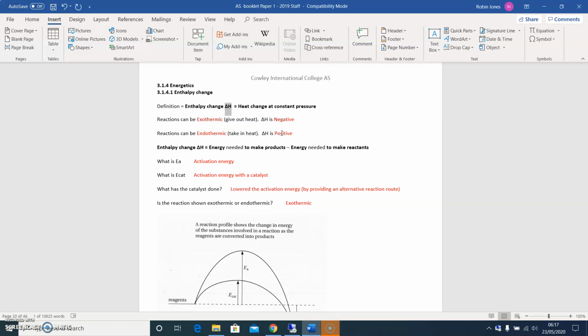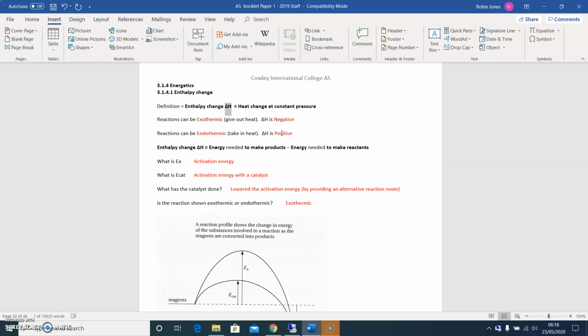So I need to standardize to make it a fair test of how good wood is as a fuel, because how much heat it gives out is dependent on the amount of wood. So we use 1 mole as a standard. So enthalpy change is a heat change at constant pressure, and it's measured for 1 mole of the substance that's being burned or combusted, or reacted.